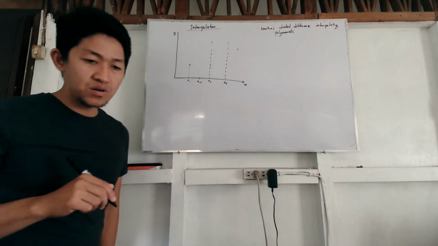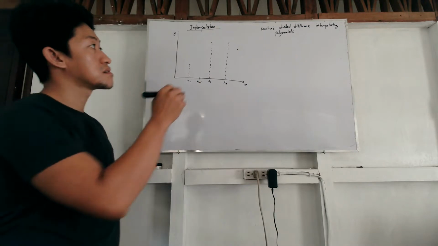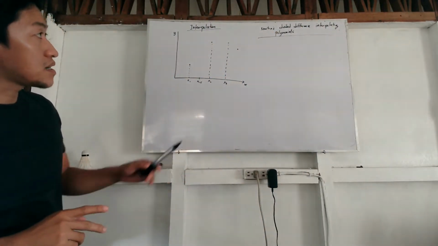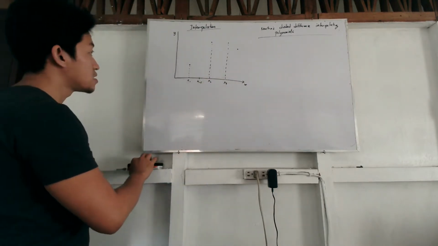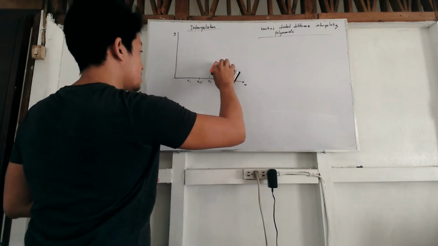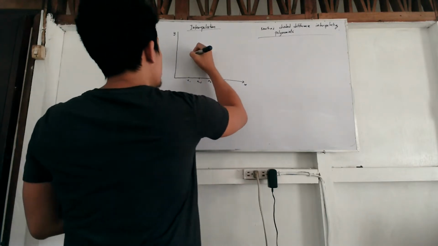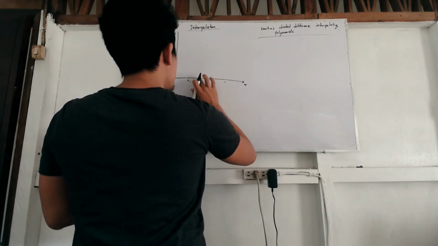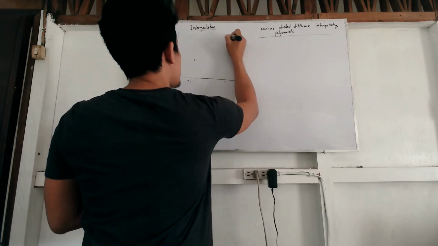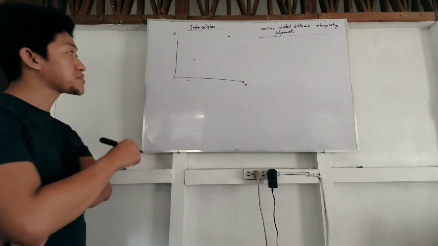So, how do we do this method? And we'll concentrate only on 2 points. Okay? So, we have 2 points now.